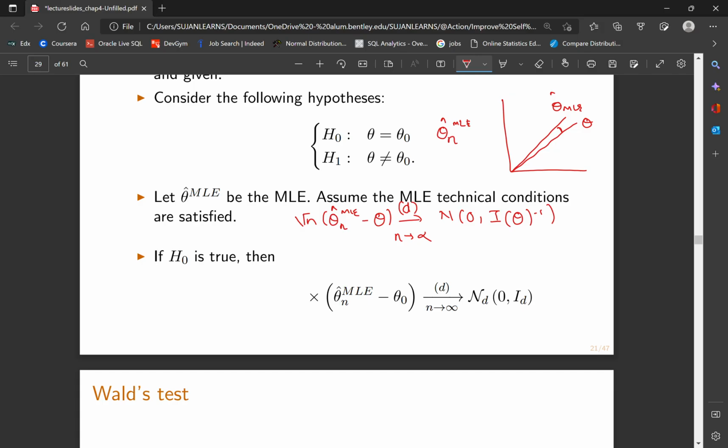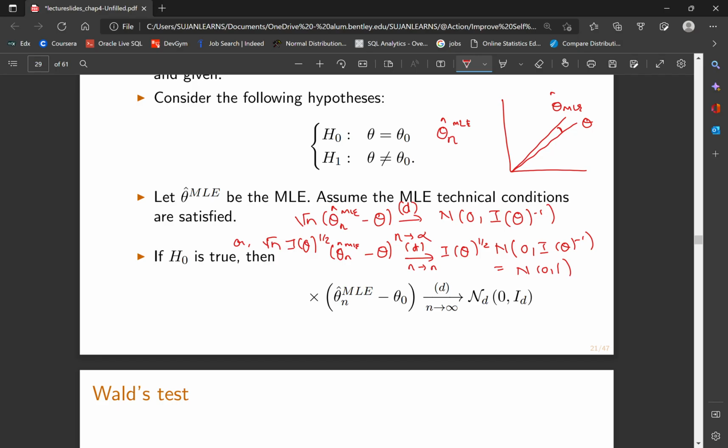To do that, we will multiply by the square root of the Fisher information on both sides, which will give us the square root of I of theta times the quantity, converging to a normal with zero mean and I of theta to the minus 1, and which will eventually give us a normal 0, 1. Now we have the statement that we are looking for.